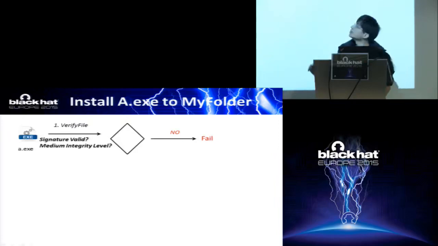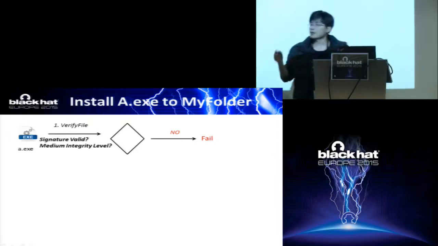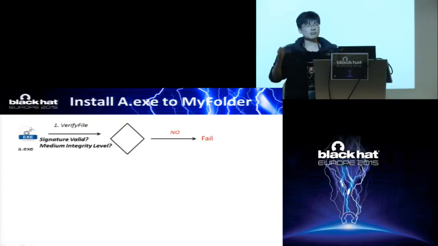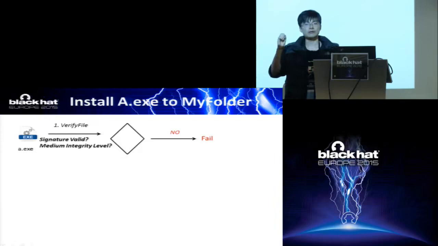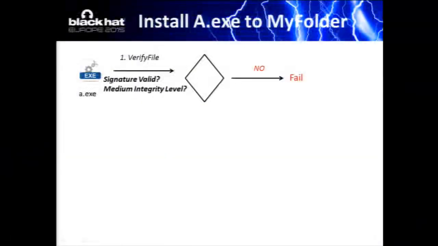The first step is called verify file. This is the most important step from the perspective of security. It tries to verify whether the file you are trying to install has a valid signature.